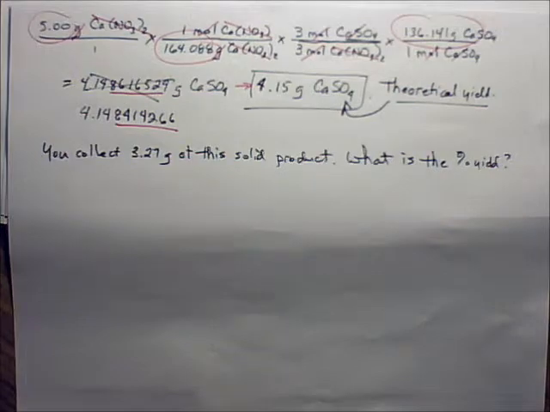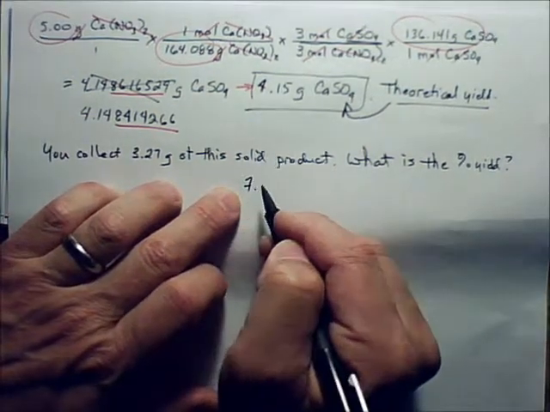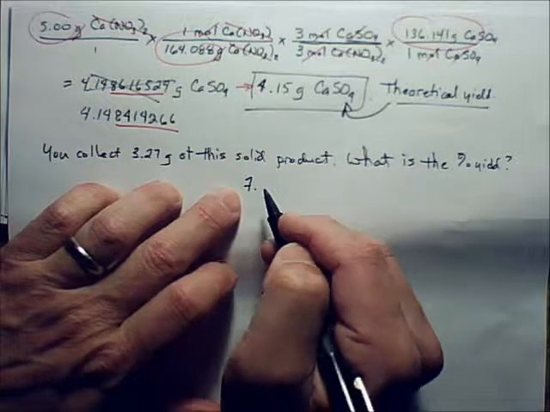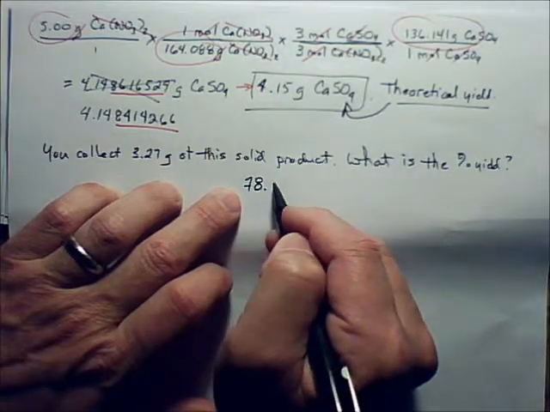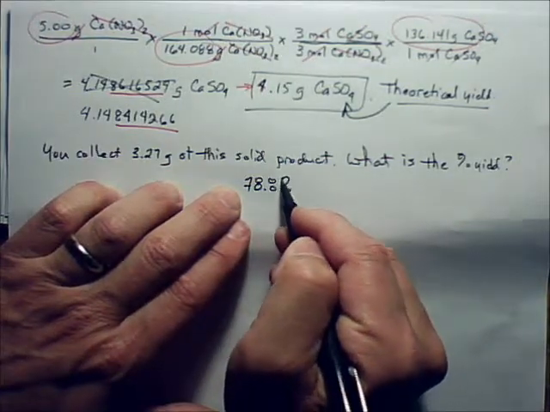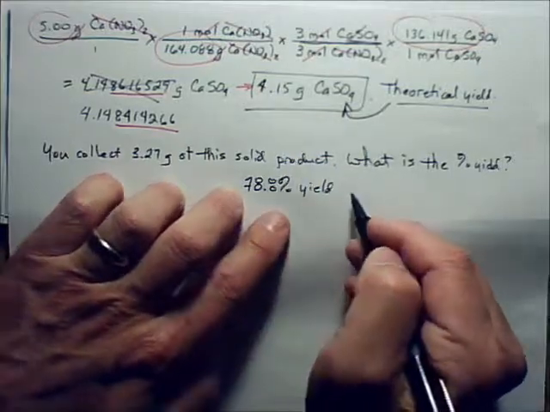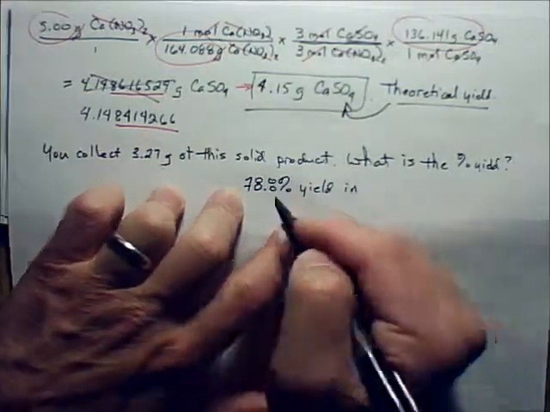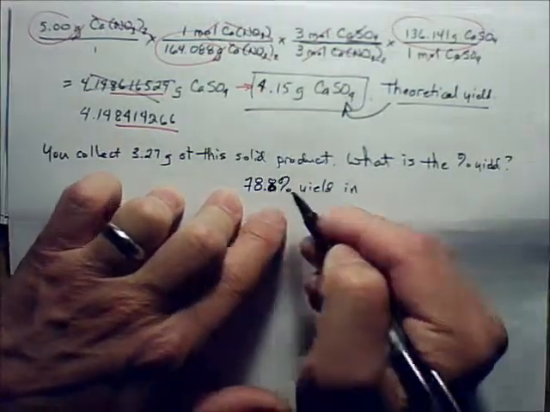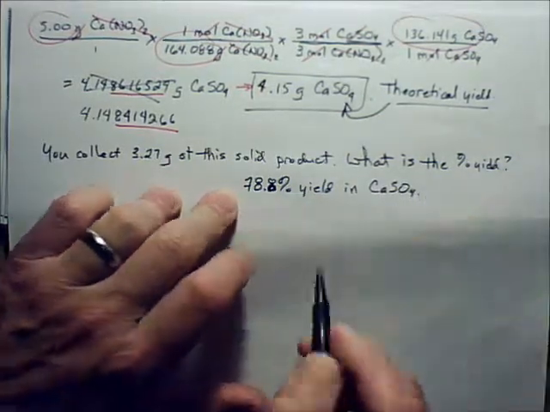So if you round it off to 3 digits, that becomes 78.8. Someone is banging. 78.8 when you round it off. Affirmative, Joe Schroeder. 78.8 percent yield in calcium sulfate. Okay?